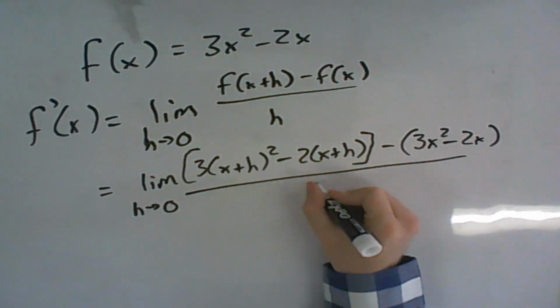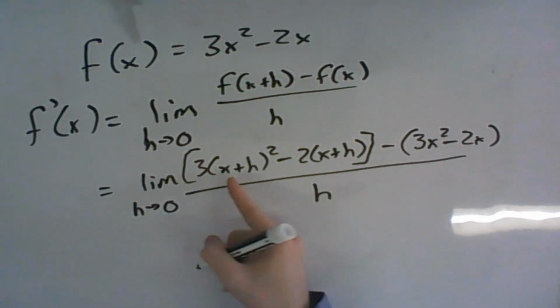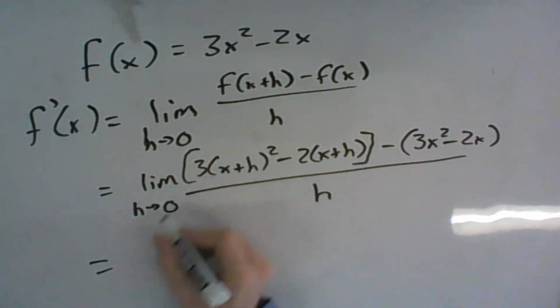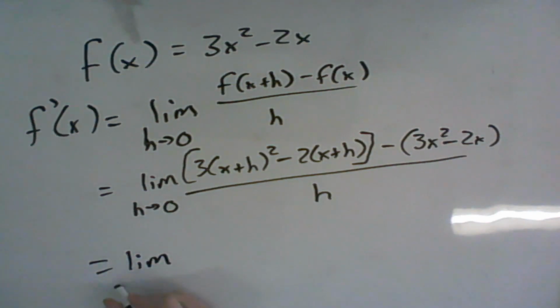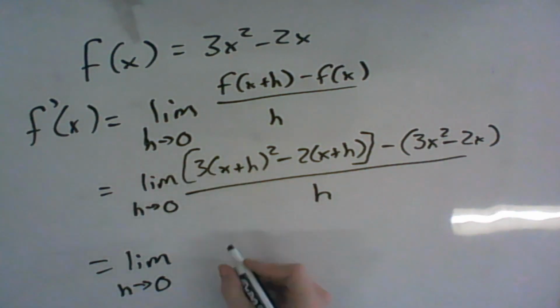Again, this is all over h. It's going to be crucial that we see this. We're just going to solve this below. We still have the limit; we always remember our limit until we're finished. So solve it out.